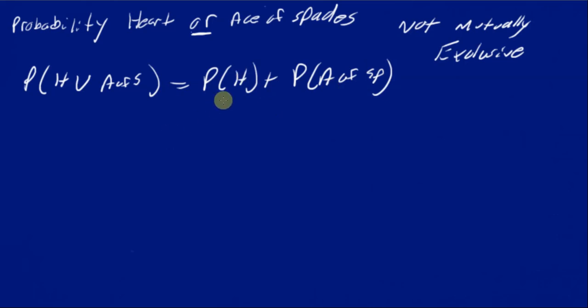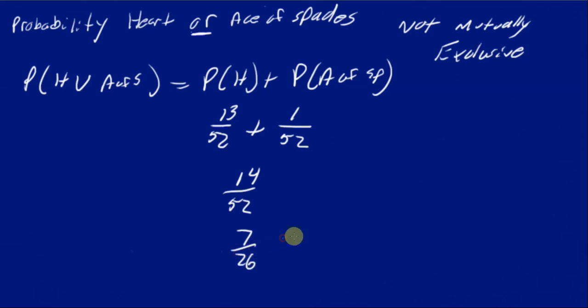All right, so quite simply, the probability of being a heart is going to be 13 out of 52 plus the probability of an ace of spades. There's only one of those, so that's 1 out of 52, which gives me 14 out of 52. So that's 7 out of 26, or 0.2692, or 26.92%.